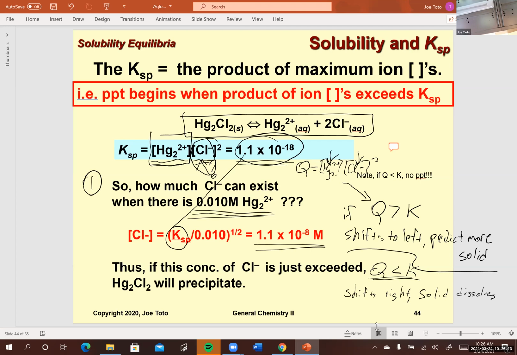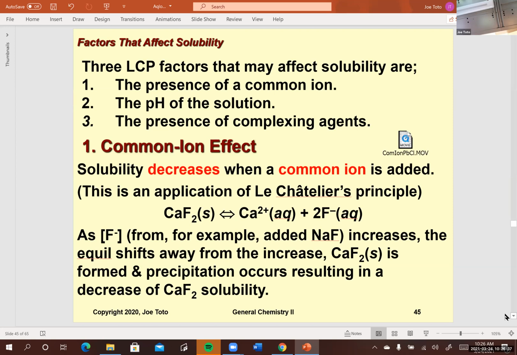So it has practical applications. The speed limit, this Ksp acts as the maximum amount of ion concentration that you can have before precipitation takes place. So we're going to deal with those type of problems.